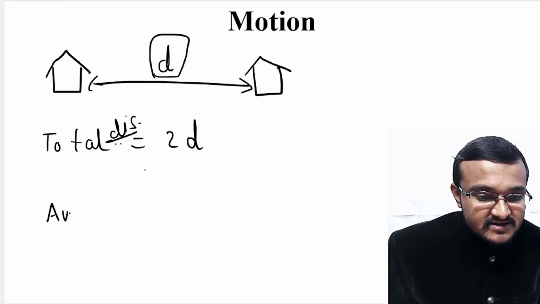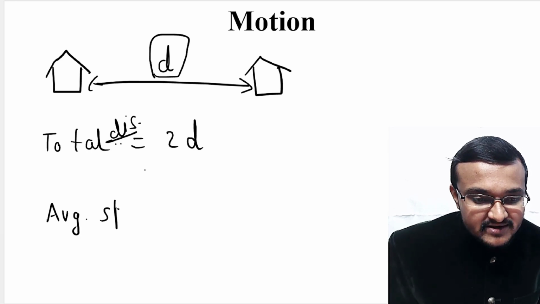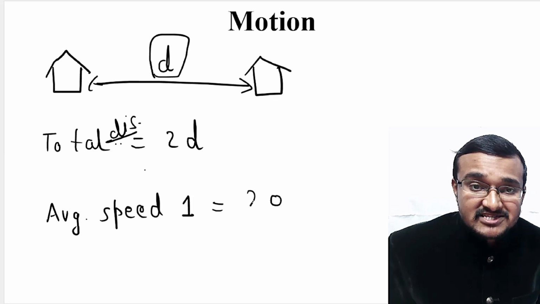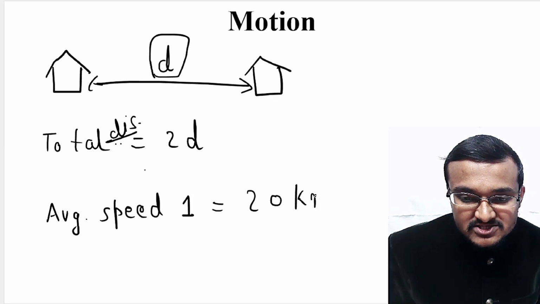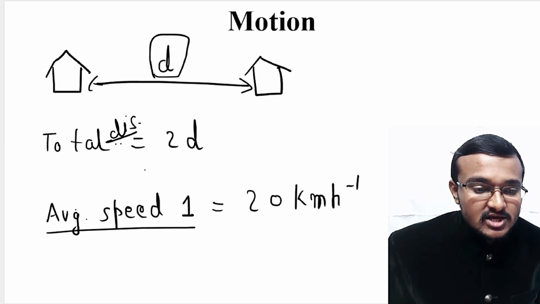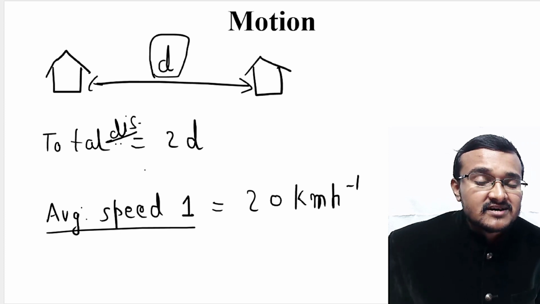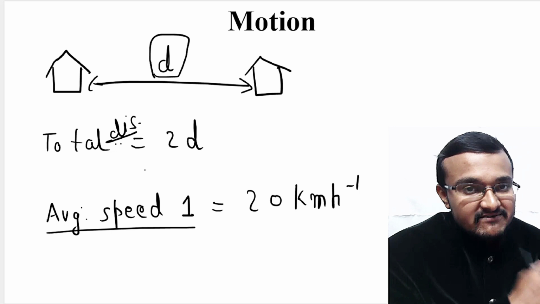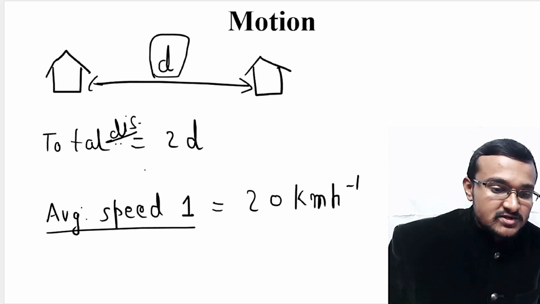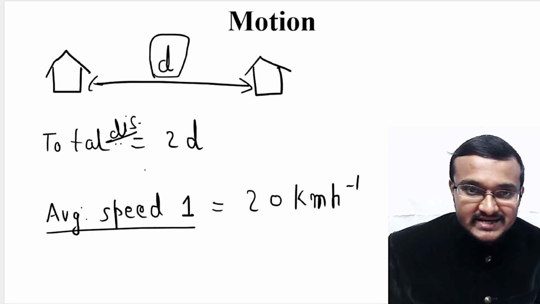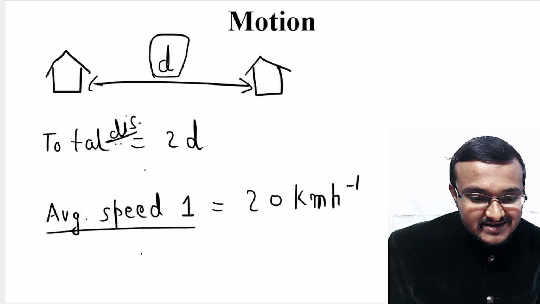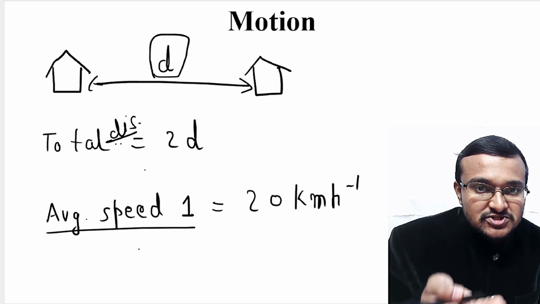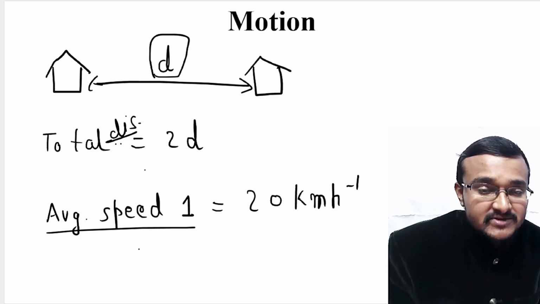Now we will consider average speed 1. What is average speed 1? Average speed 1 is 20 km per hour. Here average speed 1 means the average speed of Abdul when he travels from his house to school. Average speed is the total distance divided by the total time.